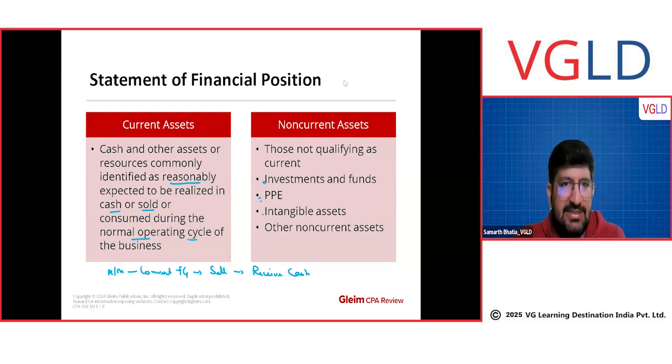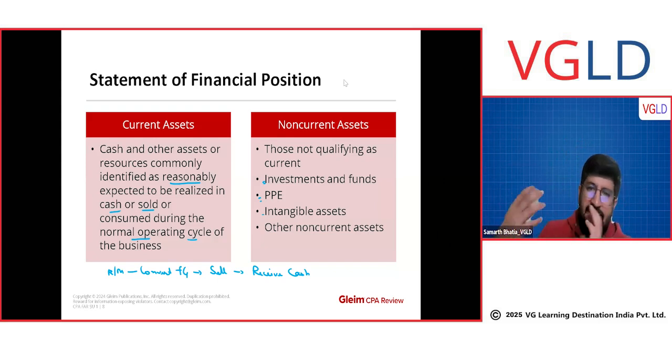See, suppose you have given a loan to someone, and you are going to recover that loan from that person in the next 6 months. Still, you can't treat it as a current asset. You have to treat it as a non-current asset only.